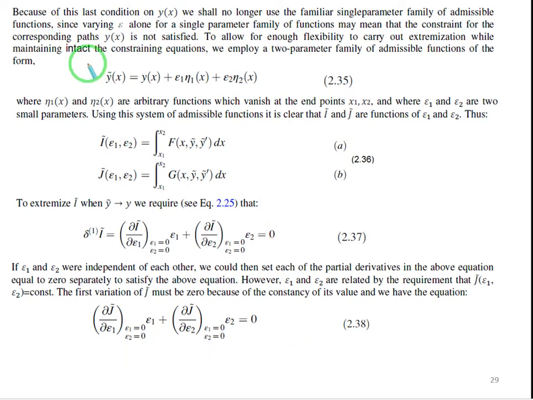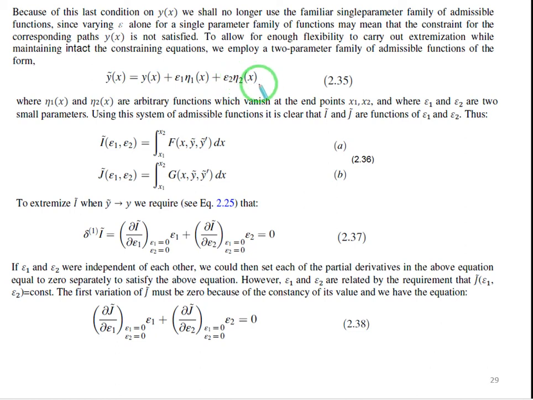Okay, to do so, I'm going to define y tilde of x as follows, where y tilde of x is y of x plus epsilon 1 eta 1 of x plus epsilon 2 eta 2 of x.